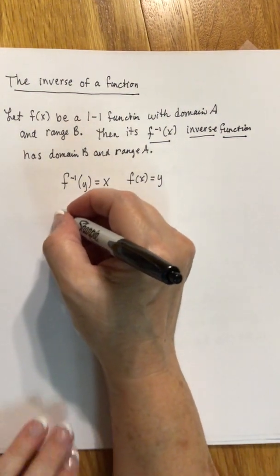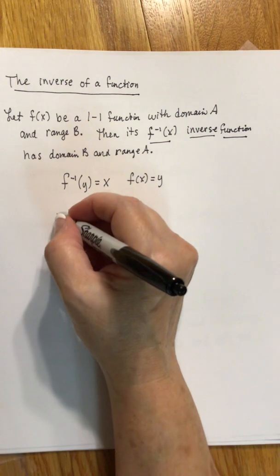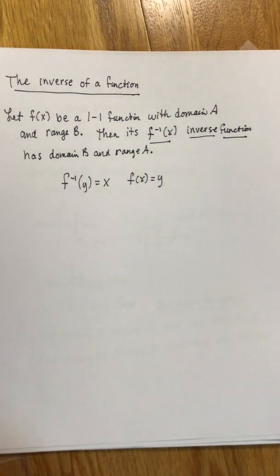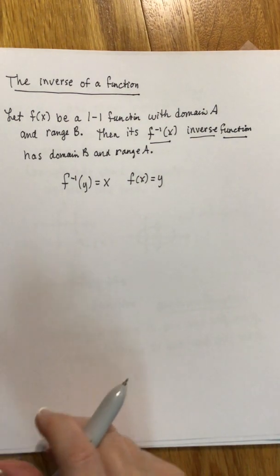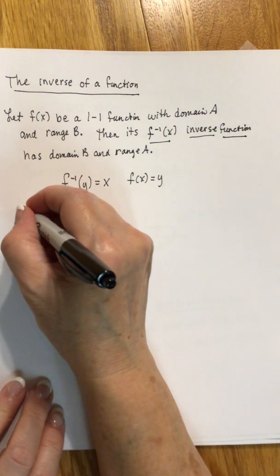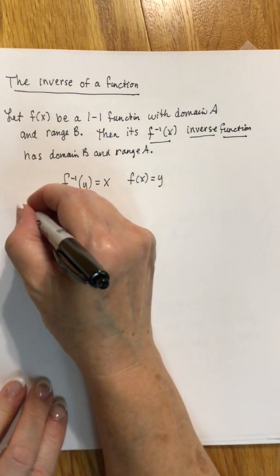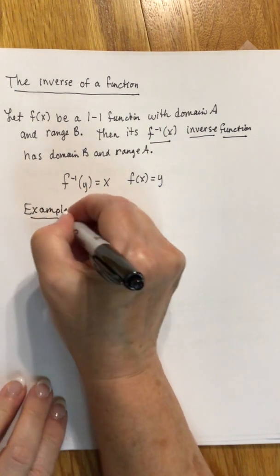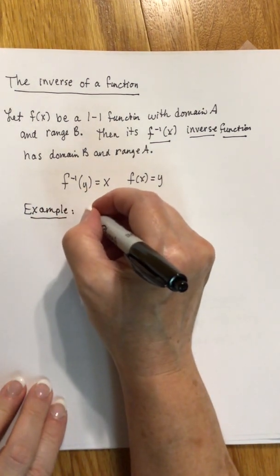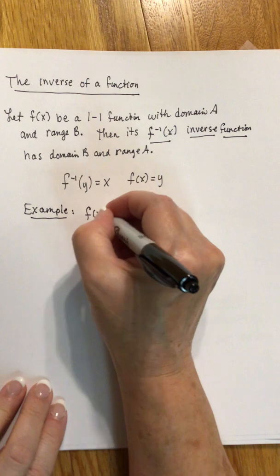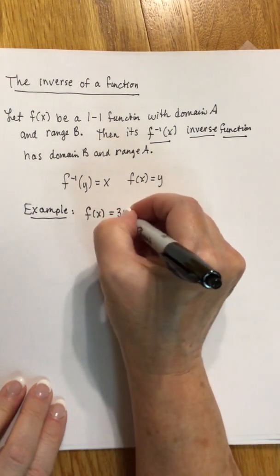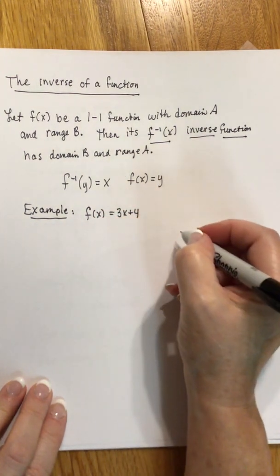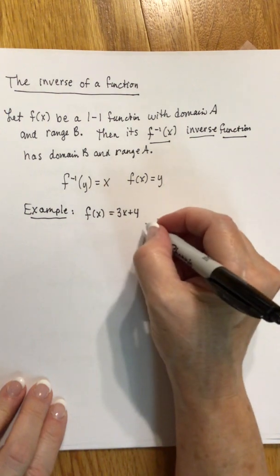So if I give you an example of inverses, I'm going to start out to find the inverse of a function. So an example, I'm given f of x equals 3x plus 4, and I want you to find the inverse of this function.